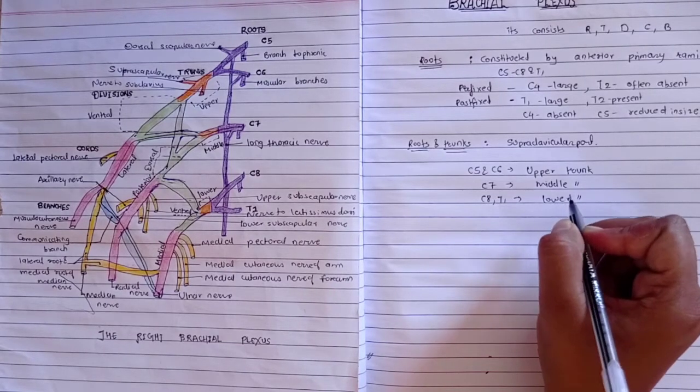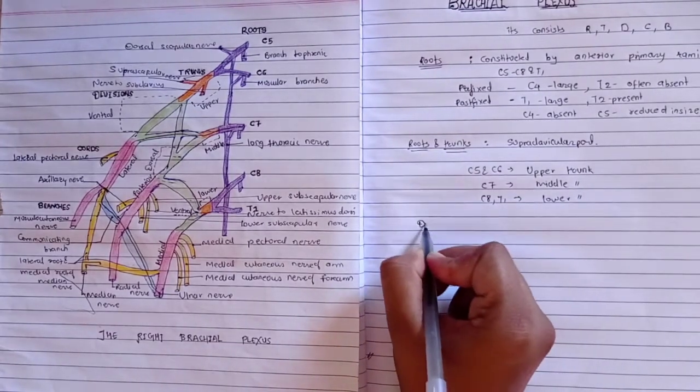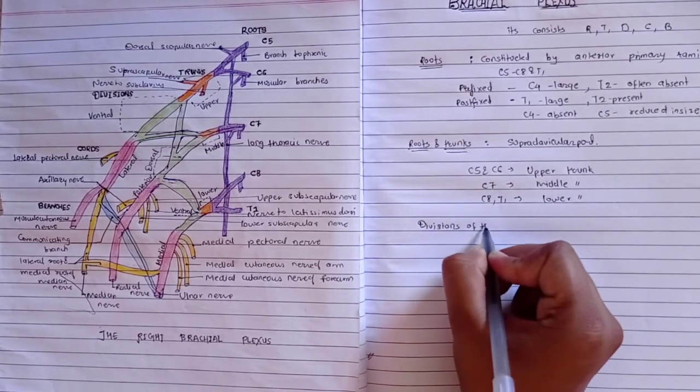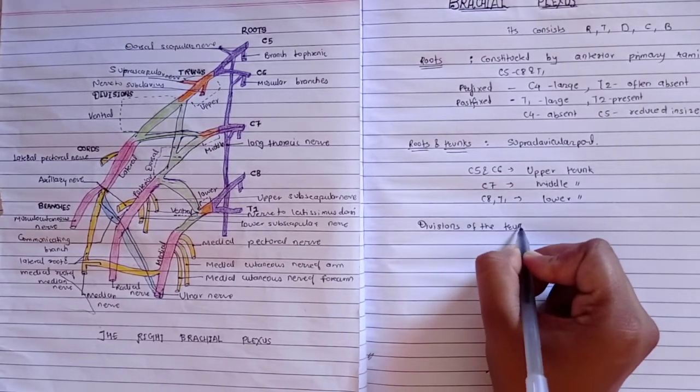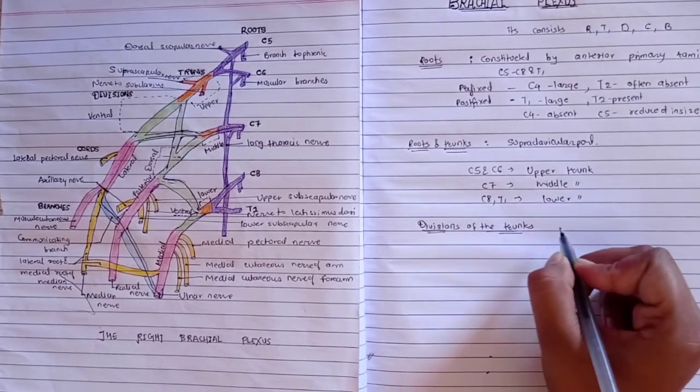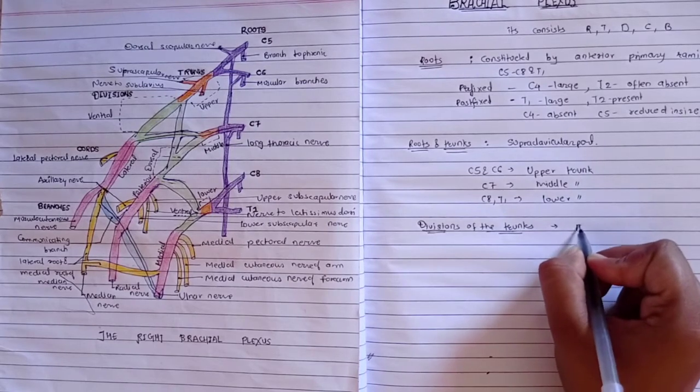Then the divisions of the trunks. These are the retroclavicular part.